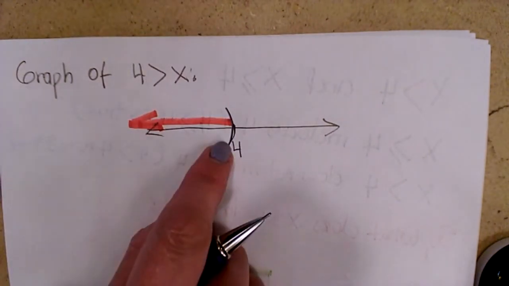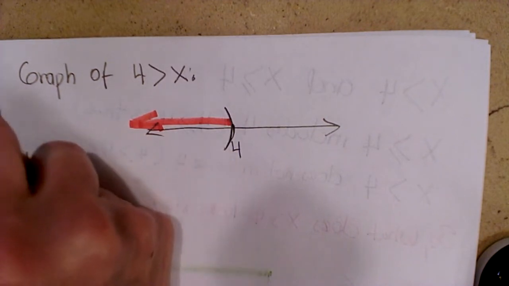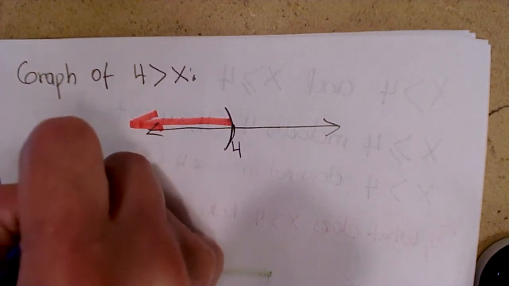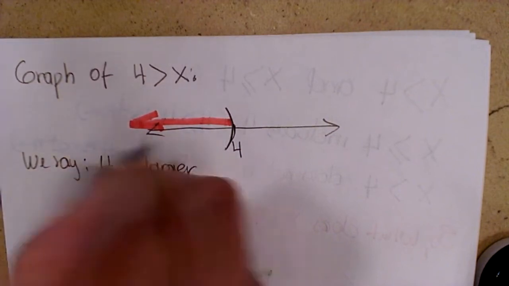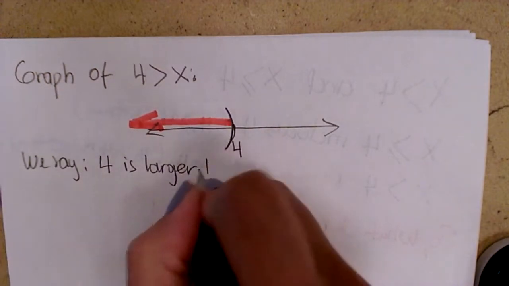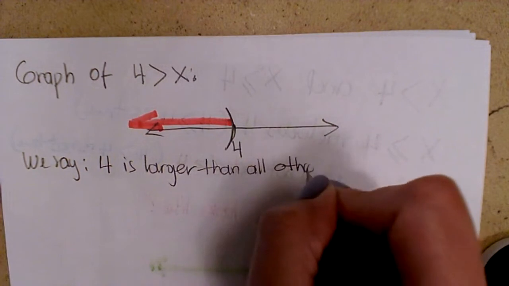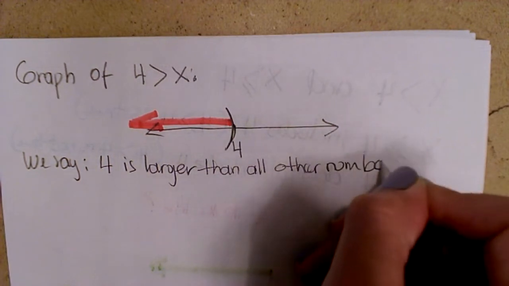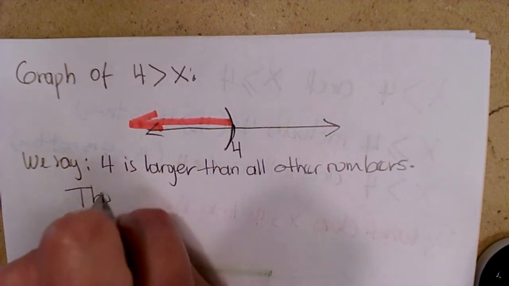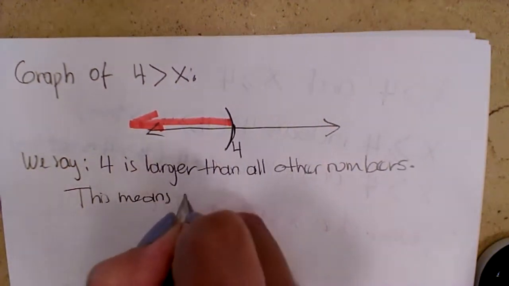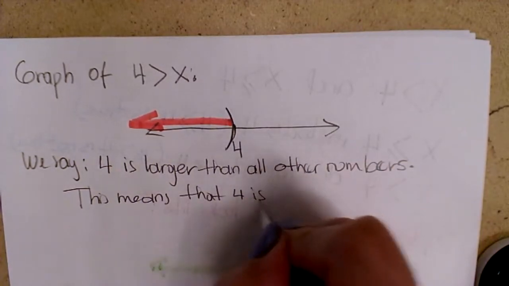So 4 is larger. So how do we say it? We said 4 is larger than all other numbers. So this means that 4 is the biggest number.